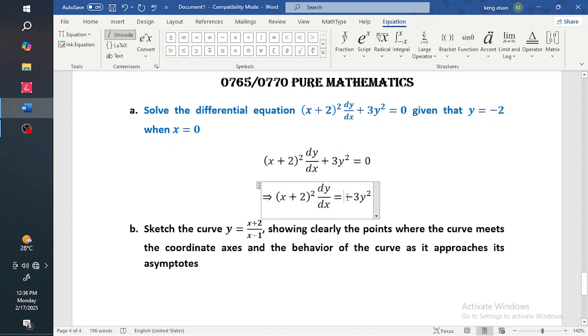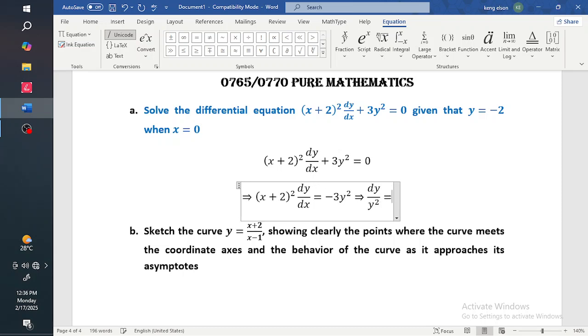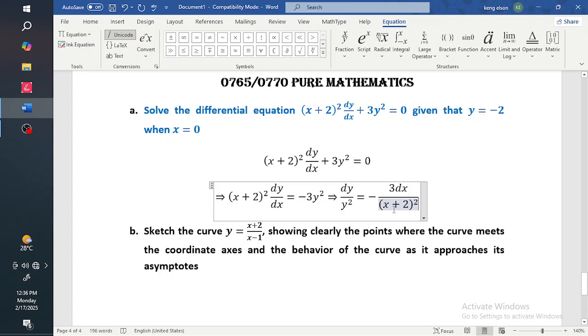Then on the right hand side I'll just keep this -3 there. I'll just make sure I send this y² now to the left hand side so that it meets the dy on the left hand side. So if we do that, what do we have? We are going to have dy/y² = -3 dx/(x + 2)². So I am done separating variables.